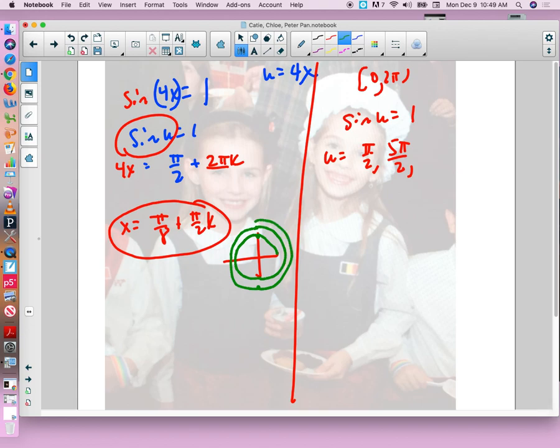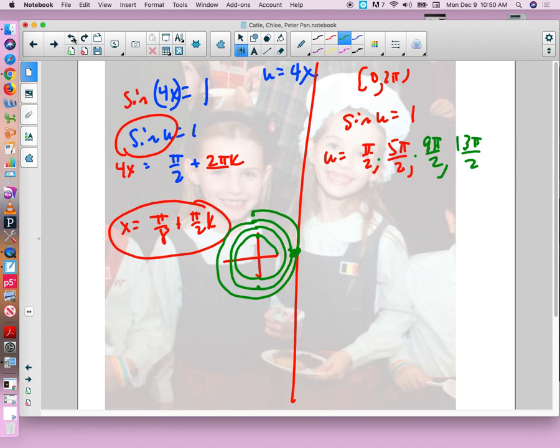So what's this one way up here? 9 pi over 2. And then this one's 11 pi over 2. So what's this one? 12 pi over 2? I'm sorry, 12's over here. 13 pi over 2. Okay? These are all pi apart right here.